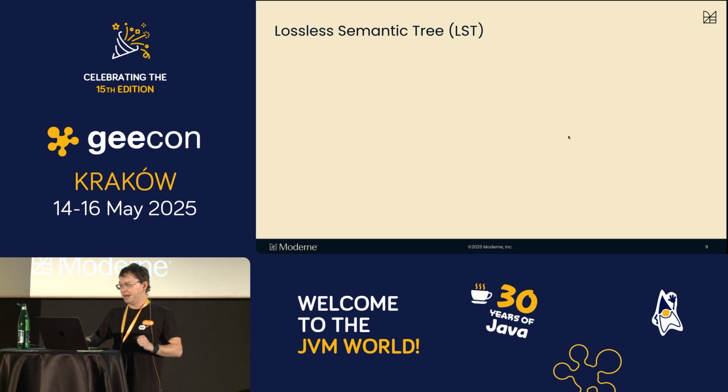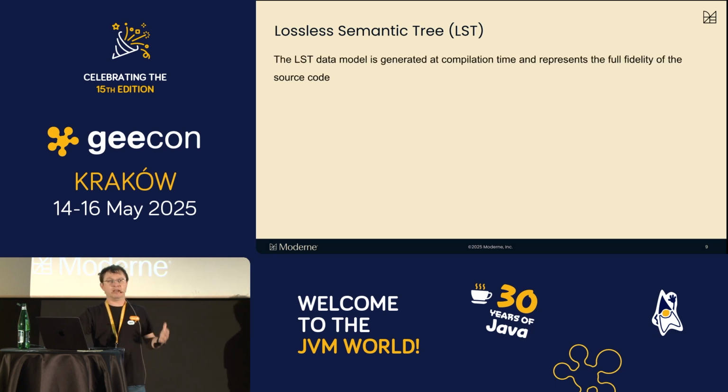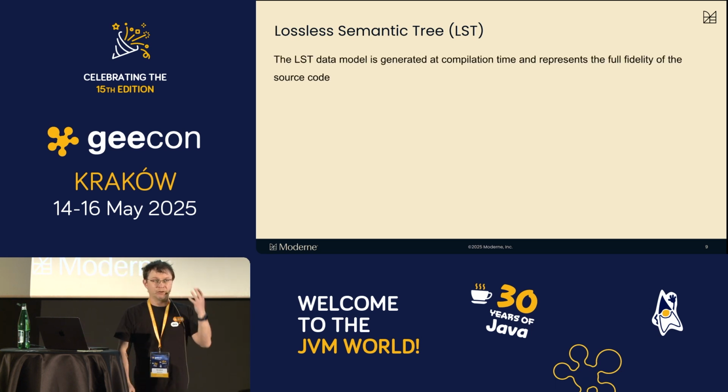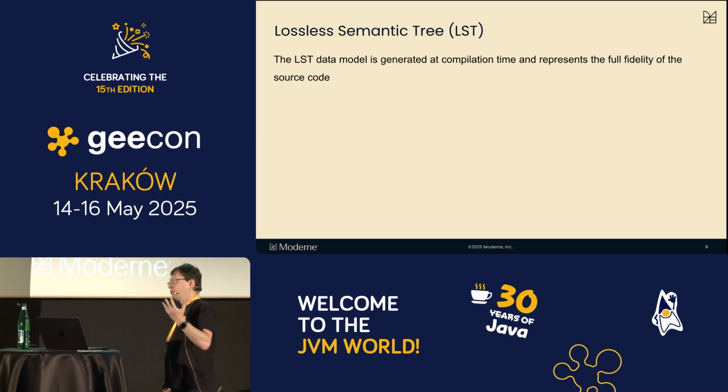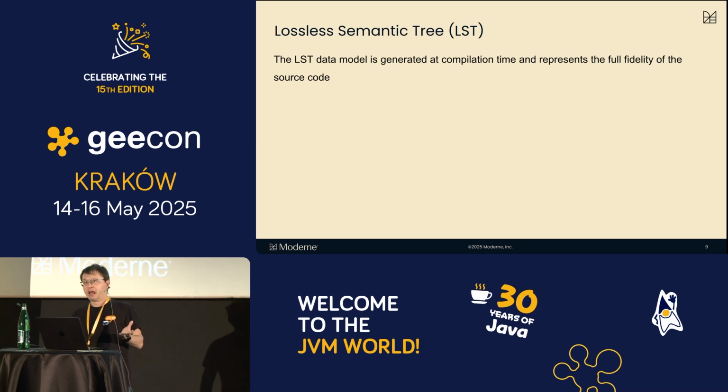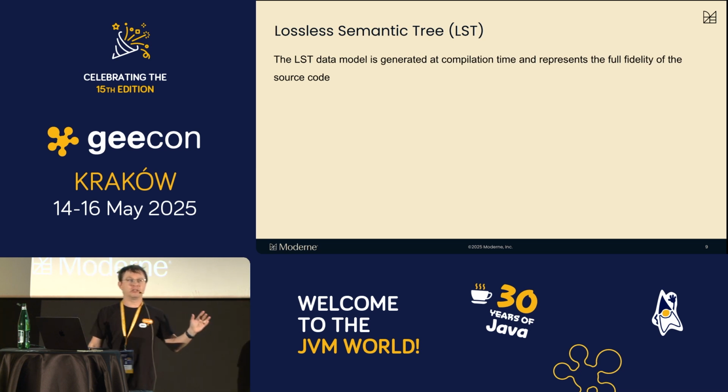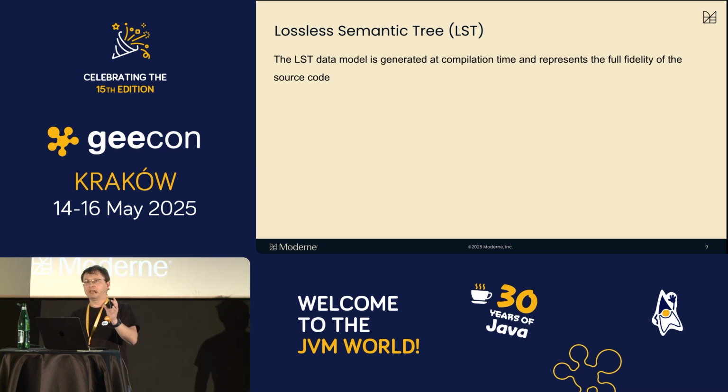So what is the LST tree? The LST tree is a model that's specific to a particular language, and it represents any data structure or any construction that this language has.